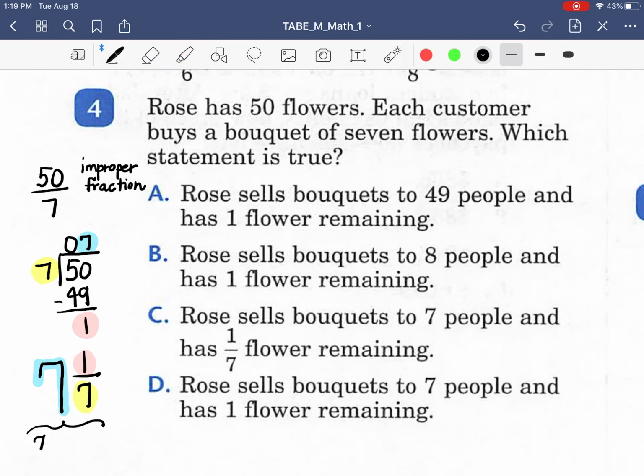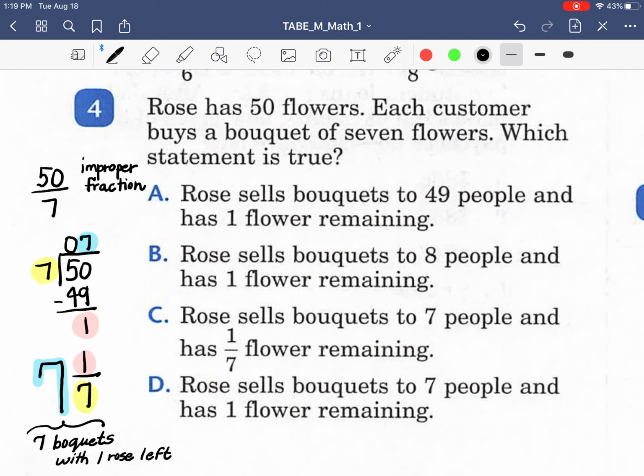So what this means is that she has 7 bouquets with 1 rose left. So she has 1 out of the 7 flowers needed for another bouquet, but she doesn't have enough to make the 8th bouquet. So which one of these choices says that?